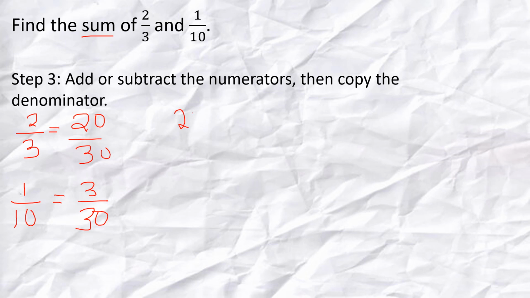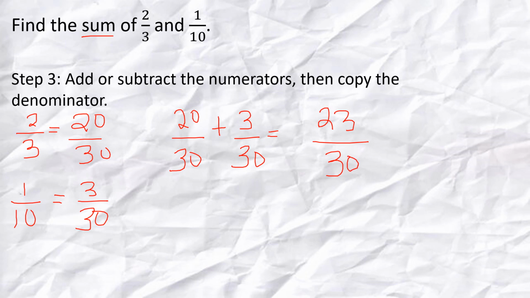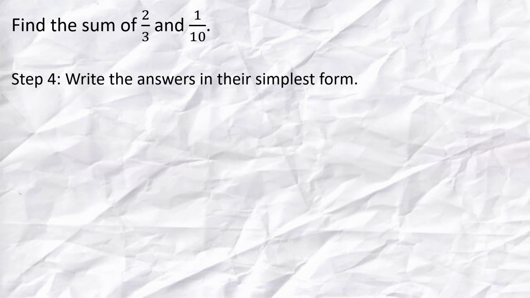We add 20 over 30 plus 3 over 30, we have 23 over 30. This is the answer that we have. Since the sum that we got is 23 over 30, we cannot simplify it anymore because 23 over 30 is already in the simplest form.